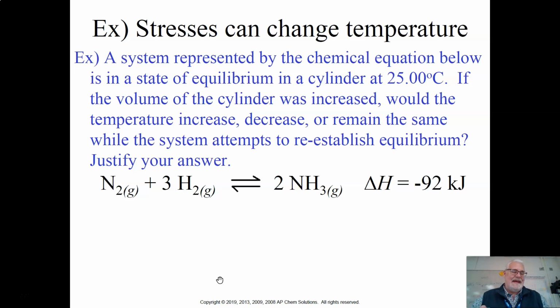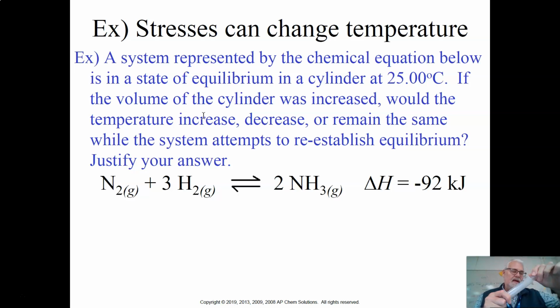There's the Haber process again, saved us from starvation. This one is an exothermic reaction, so you know the heat is on the product side. Now, this one's kind of cool what they did here. So you have a set temperature, and now you're going to take the volume of the cylinder and you're going to increase it. Now remember, that has to be like a closed system, something like this.